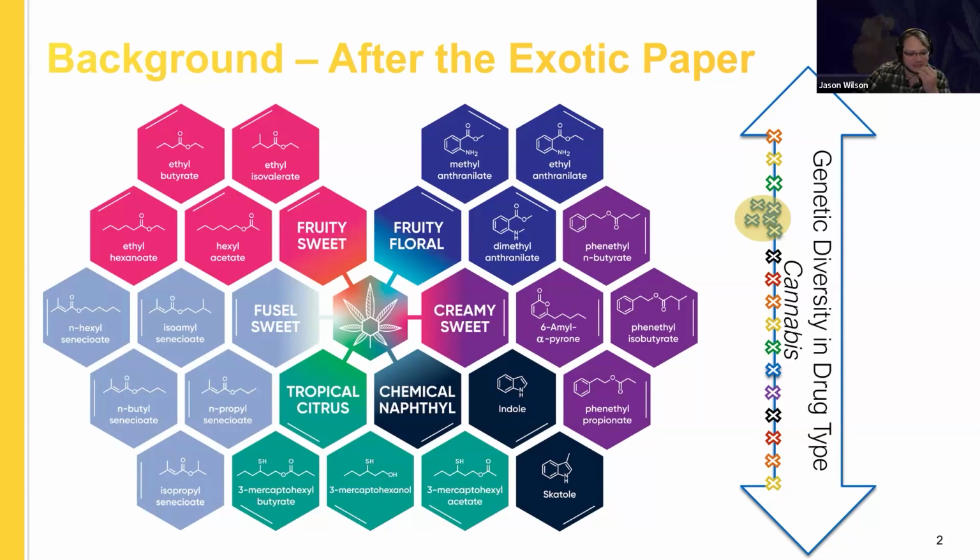Before we move on, I'm glad you pointed out the similarities between the indoles and the fruity floral compounds that you have up here, these three: the methyl anthranilate, the ethyl anthranilate, and the dimethyl anthranilate. For those listening, imagine if you know what the indole or skatole look like, they're these heterocycles that have basically two rings next to each other, one big ring and one mid-sized ring.